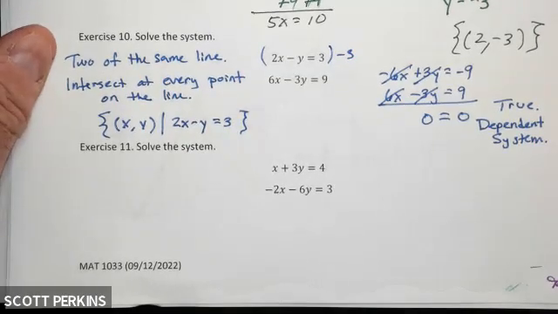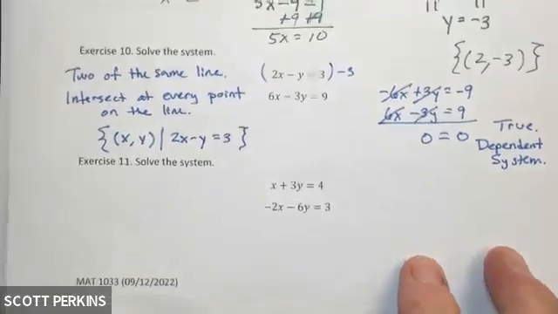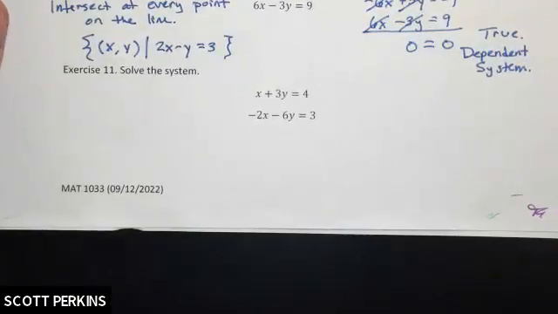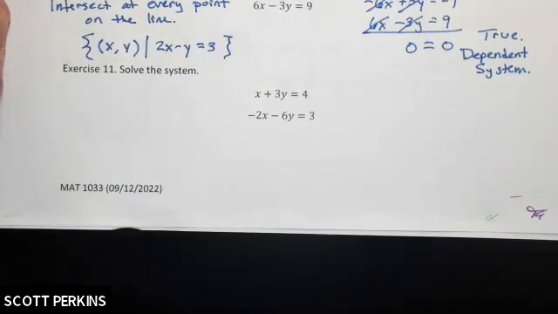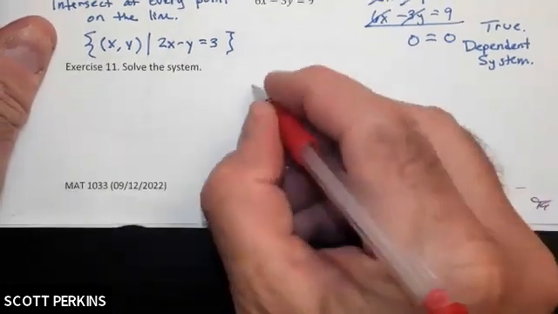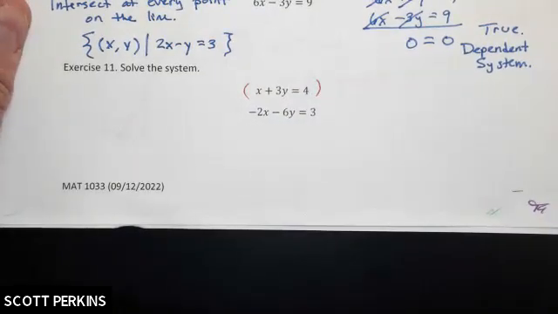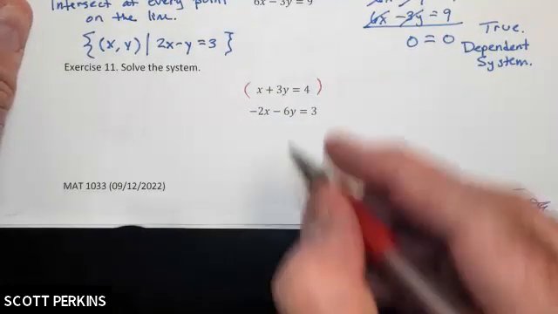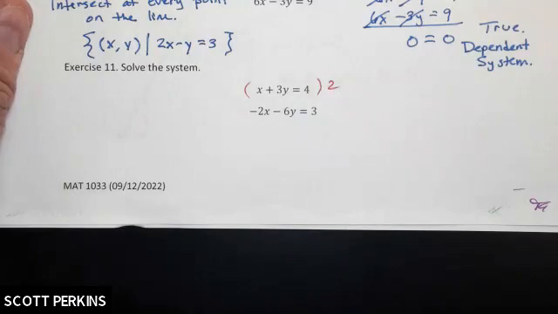All right, so with our final couple minutes, just going to do the same thing for exercise 11. Let's eliminate the x's again. So when I go to eliminate the x's, what do I need to multiply this top equation by? Okay, 2 on this one, yes.